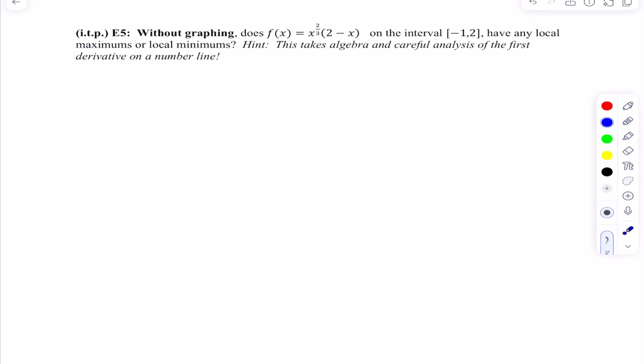So that really means an investigation of the critical numbers. So why don't we begin by finding critical numbers? Now remember, there's type 1 and type 2 critical numbers, but they both involve the first derivative. And the first derivative here is a product rule.